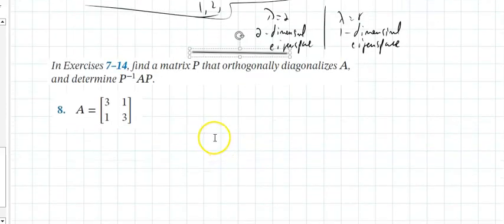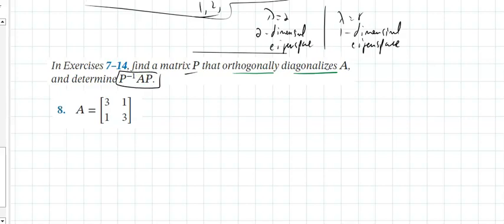Now we're going to do something slightly different. Find the matrix P. Well, we did that back in the days. What do we want? That orthogonally diagonalizes A and determine P inverse A. So we're trying to find matrix B, where B is this.